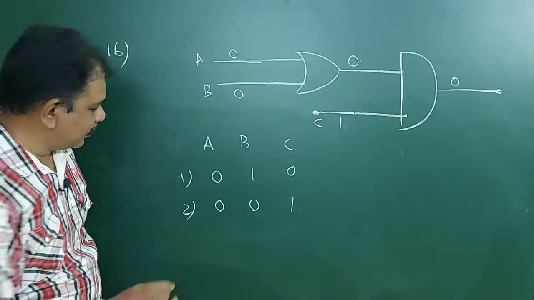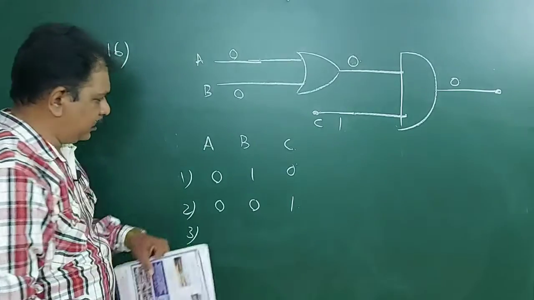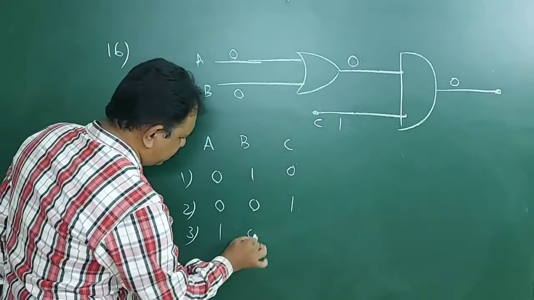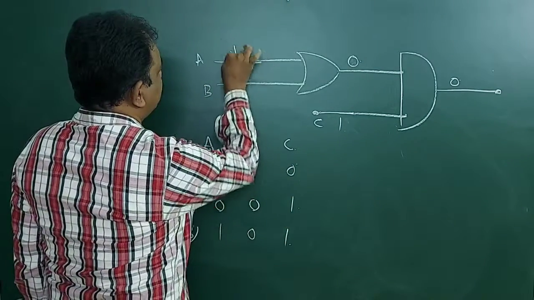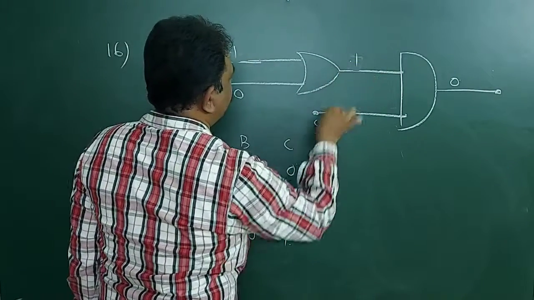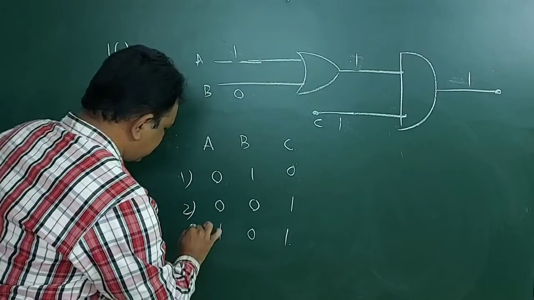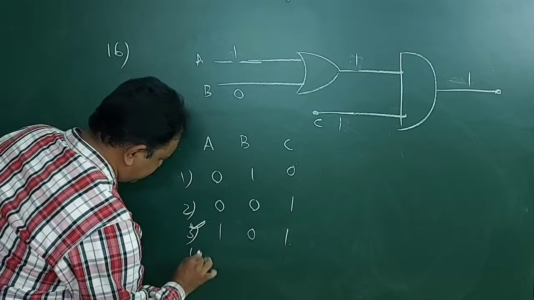So this is not the answer. Third option they gave 1, 0, 1. For 1, 0 the output will be 1. Then 1, 1 the output will be 1. So the third option will be the correct option.